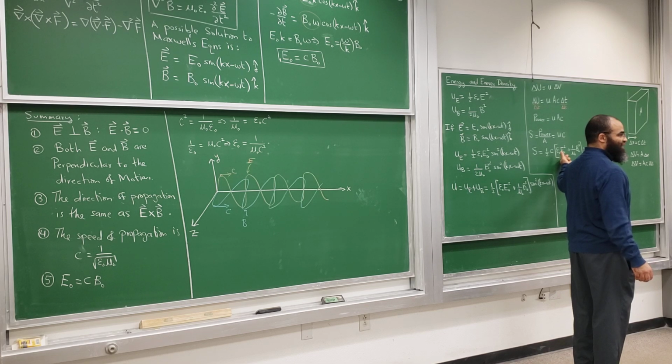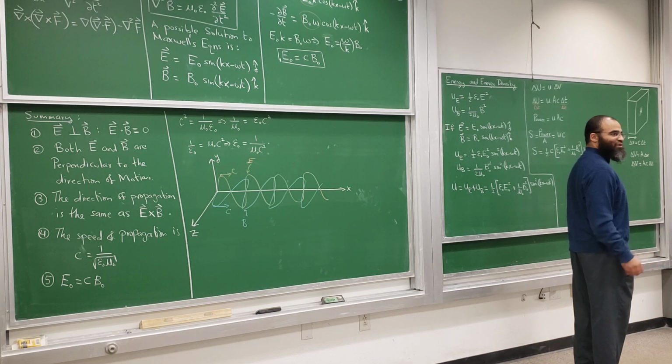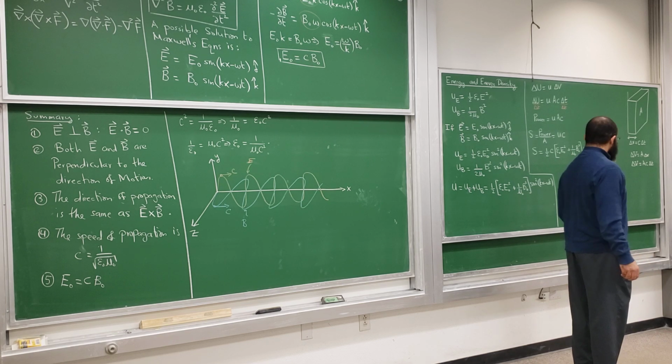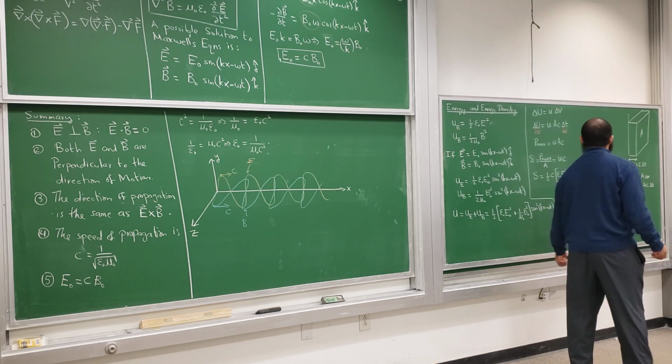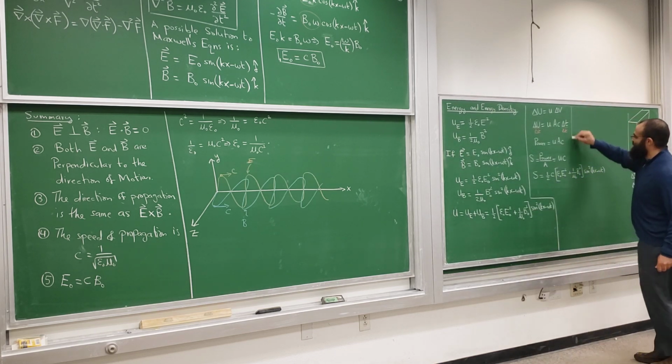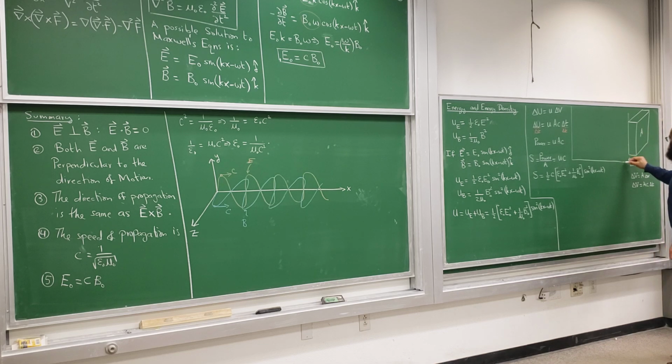Meaning the amount of energy carried per unit of volume in the magnetic field is equal to that of the electric field. They have equal portions of energy. So let's do some side work right here.